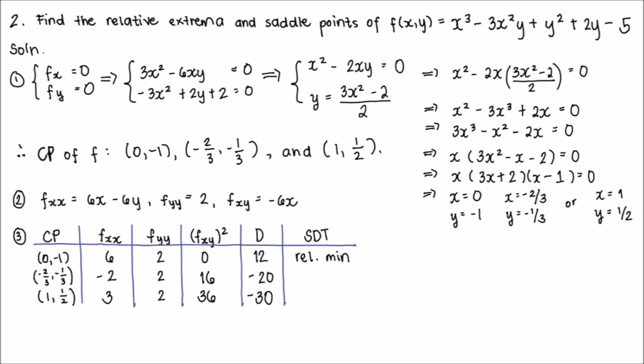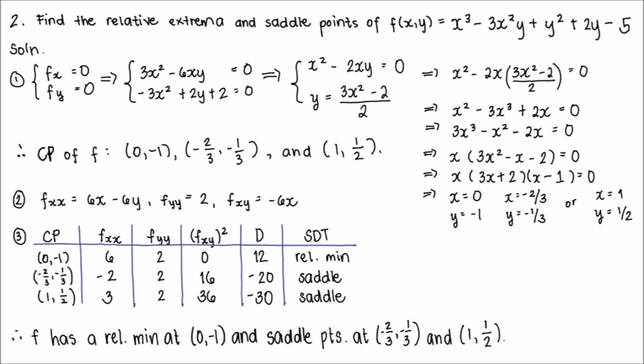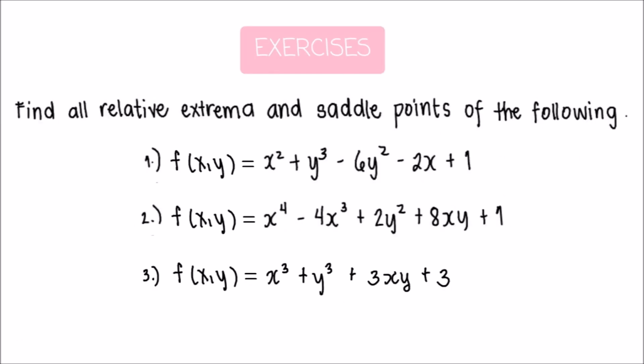The other two have negative values for D, so surely that's a saddle point. Thus, we conclude that f has a relative minimum at (0, negative 1), and a saddle point at (negative 2/3, negative 1/3), and (1, 1/2). Please try answering the following exercises.